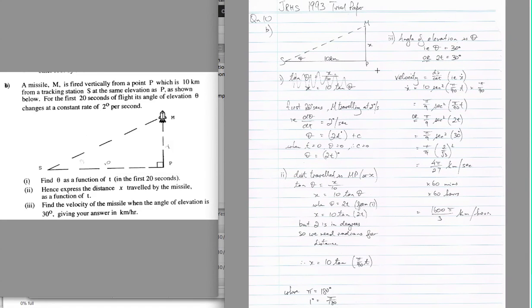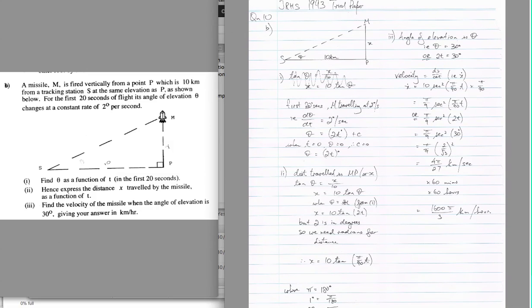So a number of tricks here just to be aware of. First one was understanding rate of change and where we start this question. Understanding in part 2 that distance has to be changed from 2 degrees into radians, which gives me this expression.